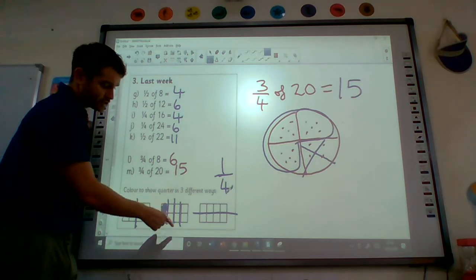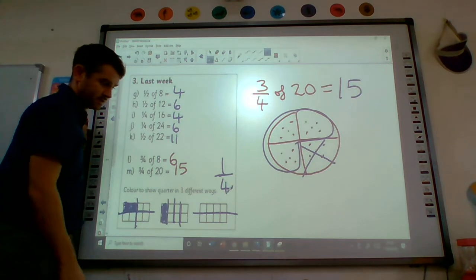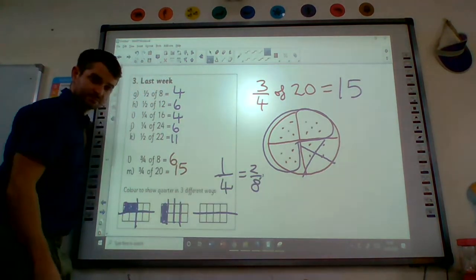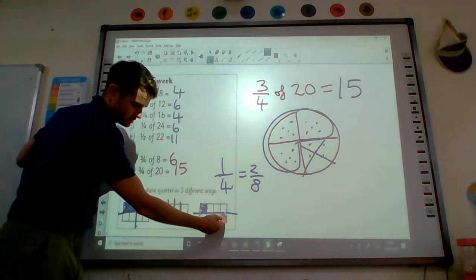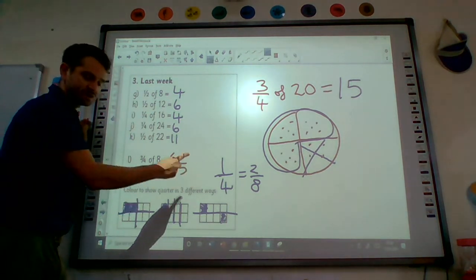As long as you colour in 2 of this particular shape, 2 boxes, because 1 quarter is the same as 2 out of 8. Any 2 boxes would show quarter. Excellent job if you've managed to do this.